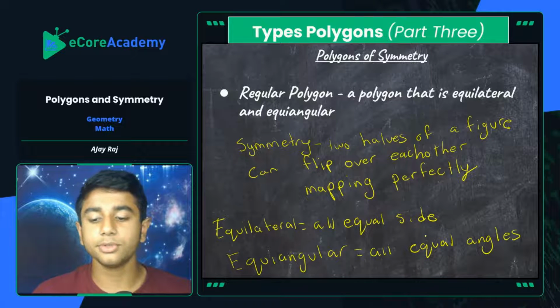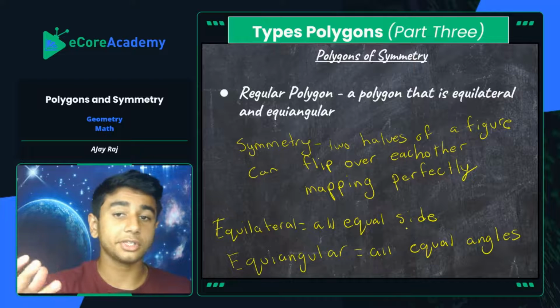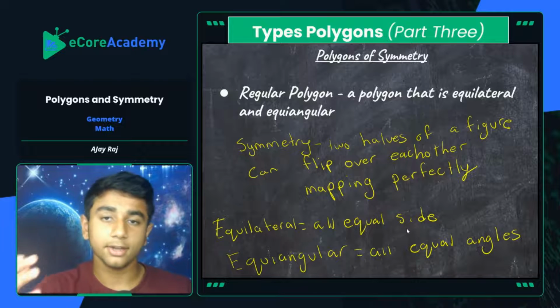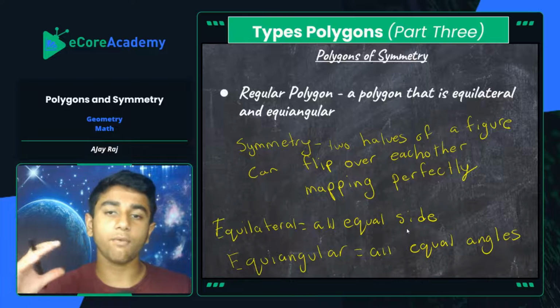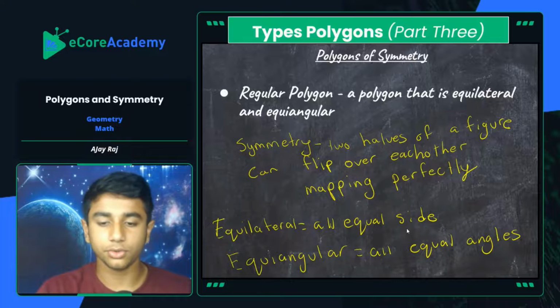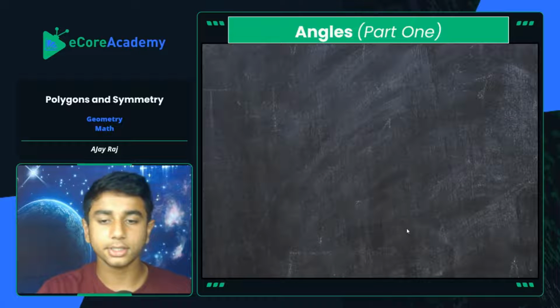Some common examples are squares, because they have all equal sides and all 90-degree angles. Also, equilateral triangles have all equivalent sides and three 60-degree angles. Those are two common examples of regular polygons.